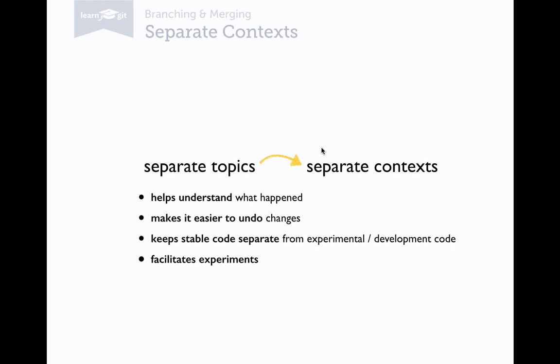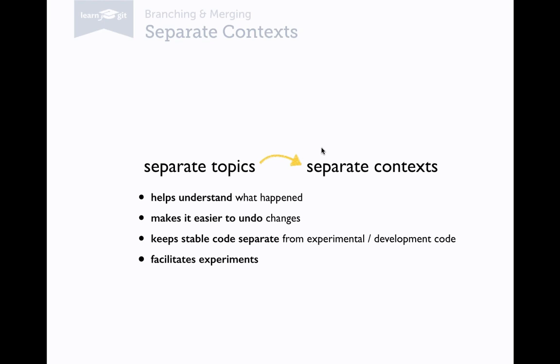Keeping separate topics, separate features in their separate contexts helps you understand what happens, because in a big project, many topics, many contexts are being worked on, and a developer would be overwhelmed if he had to look at all the changes in all those contexts. So separating them in their individual context helps him only look at those that really interest him.